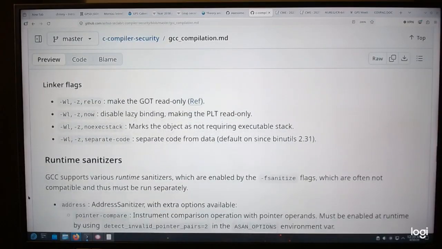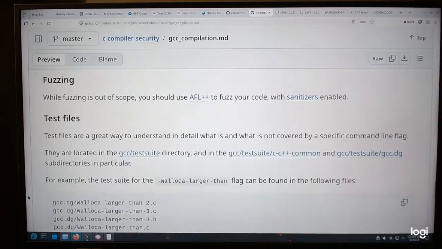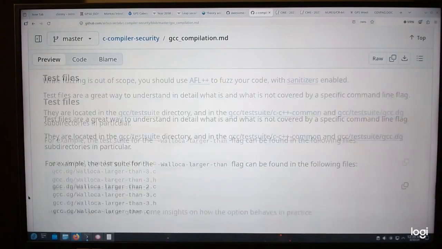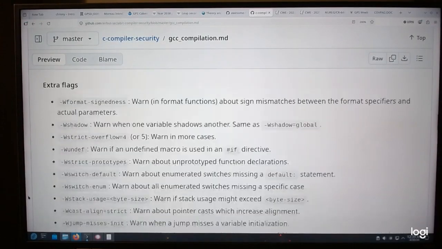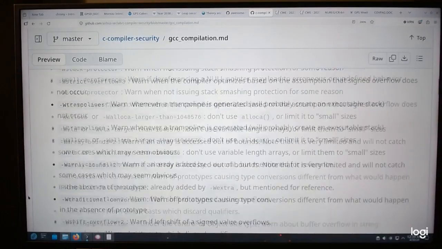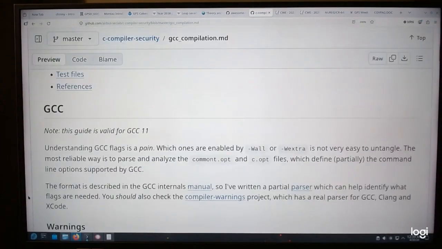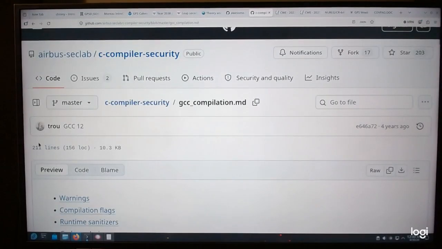You have a whole bunch of sanitizers, GCC there. I think they had Clang in here somewhere. Anyway, that's in here somewhere. So let me move on.